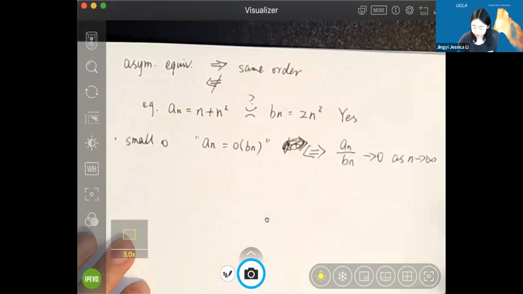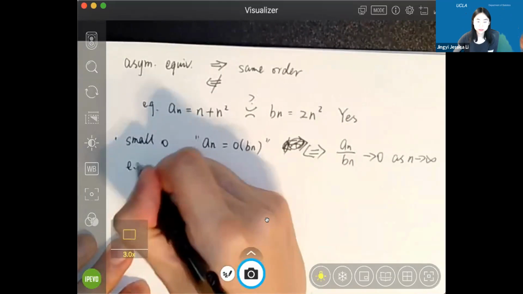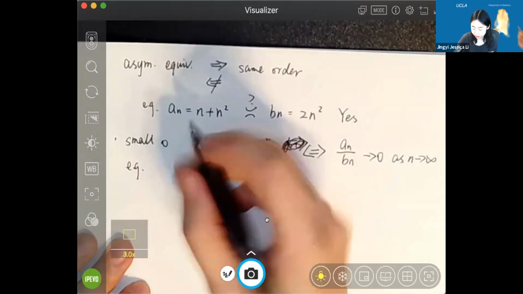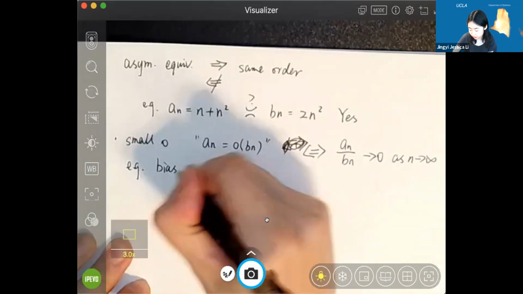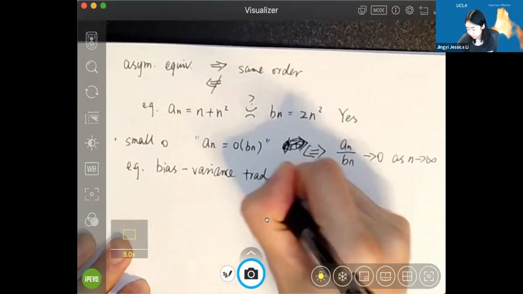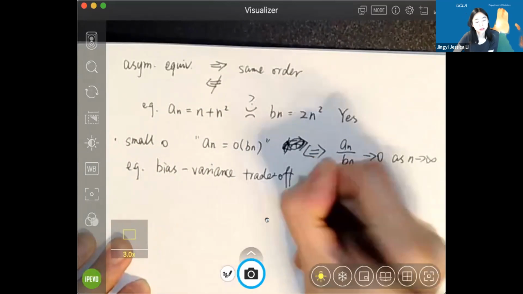Okay, so let's look at an example of what we actually mean. This is a very famous example. I think some of you have heard me talk about this in my other classes. It's the bias-variance trade-off in statistical learning, right?